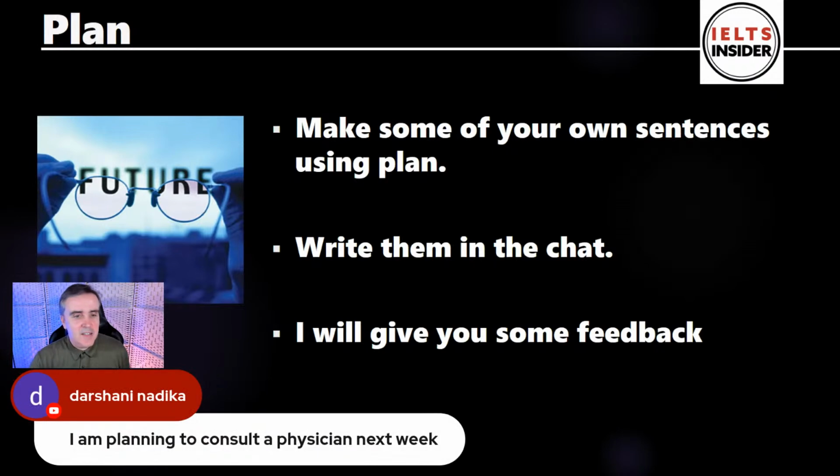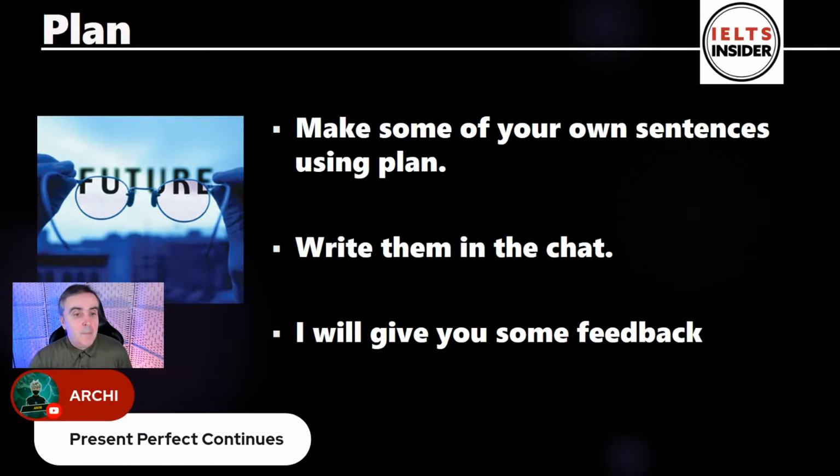Great sentence. I am planning to consult a physician next week. Very good, Darshani. And yeah, present perfect continuous. I'll type that word in the chat. So present perfect continuous.